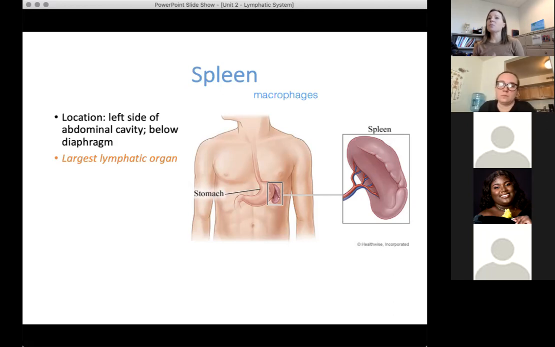Okay, so number one, the spleen is basically filtering the blood. It's removing old, worn out, defective blood cells, and it's removing any foreign material.